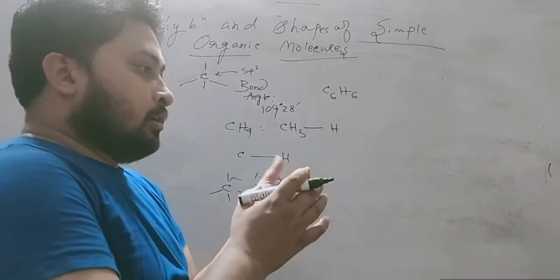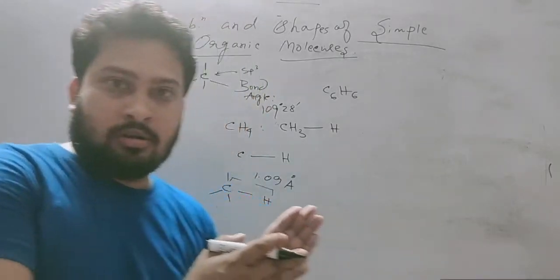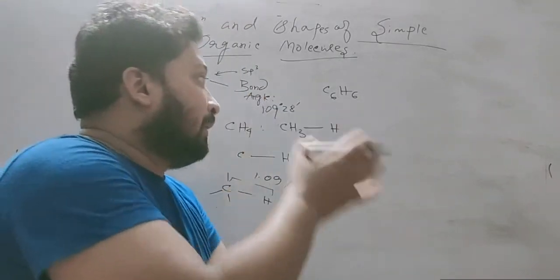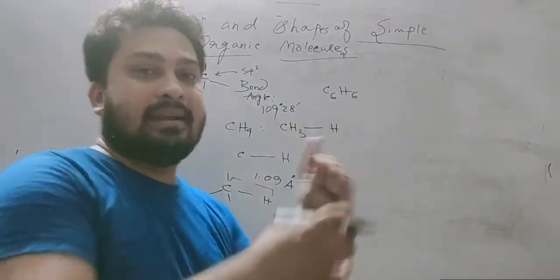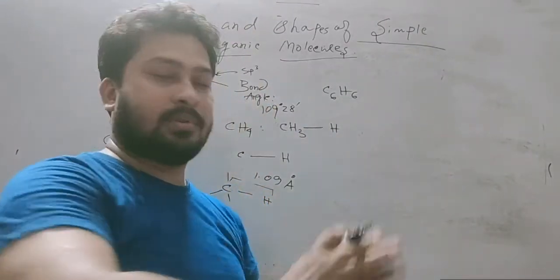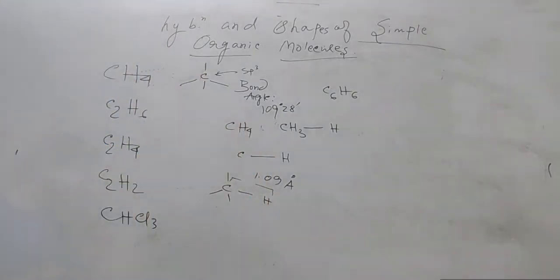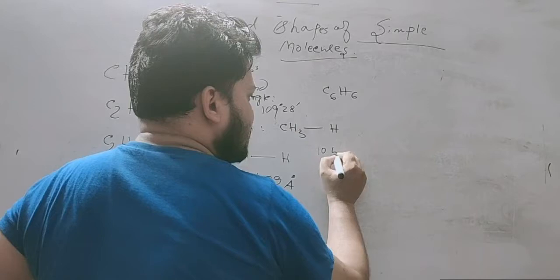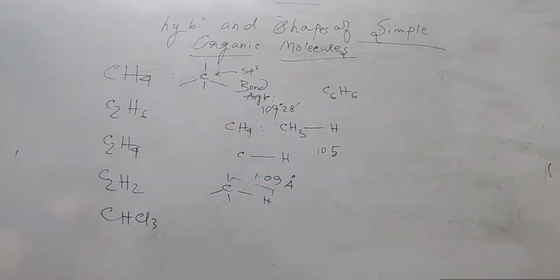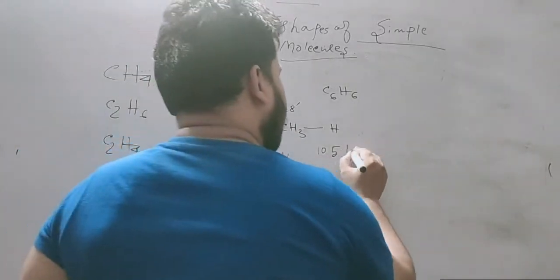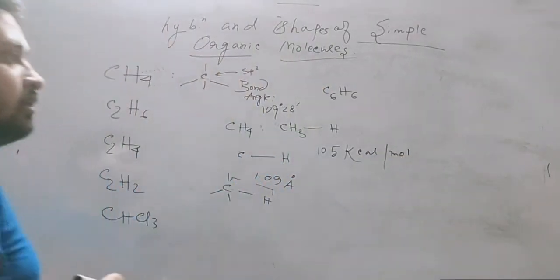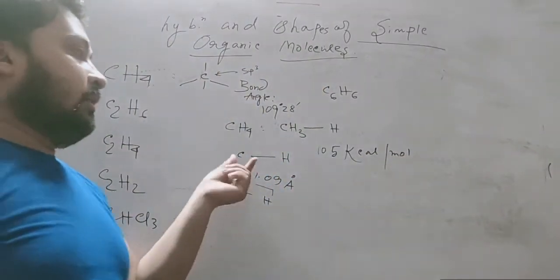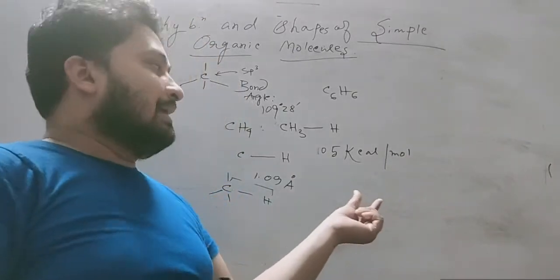So energy means if you want to break this bond, the required energy, how much? That is the energy of the bond. This is the enthalpy of the bond. It is observed that the energy is approximately 105 kilocalorie per mole.